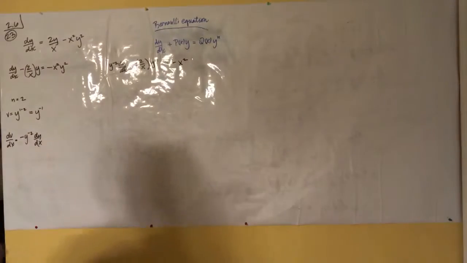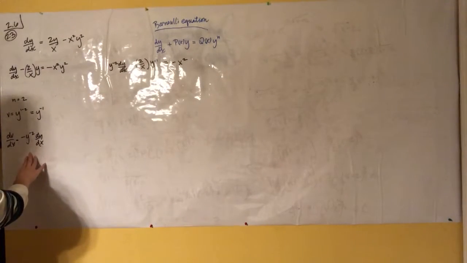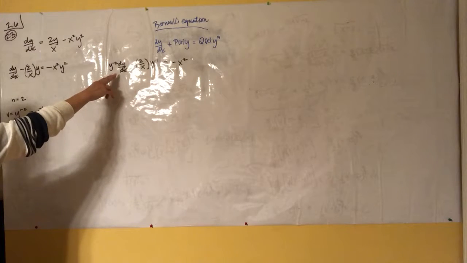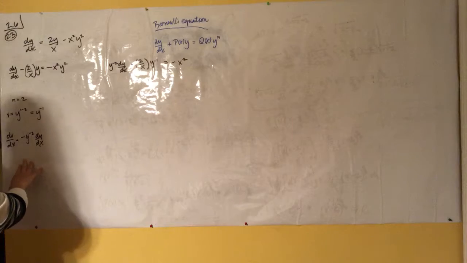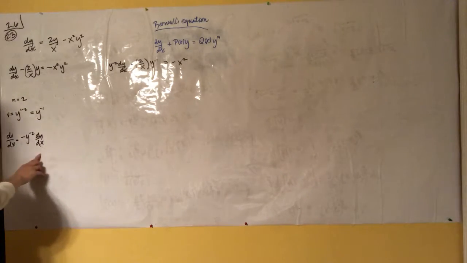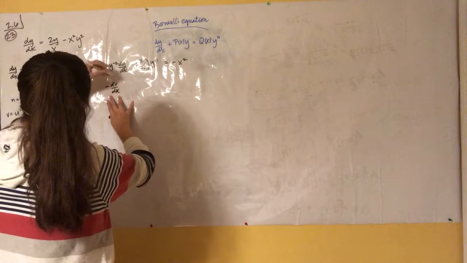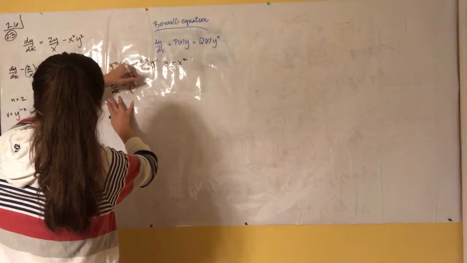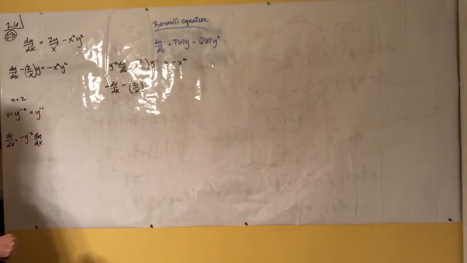And this is where you start to substitute, right? So this y to the negative 2 dy/dx, you can see that it's actually equal to negative dv/dx, right? From the substitution. And then y to the negative 1 is equal to v.